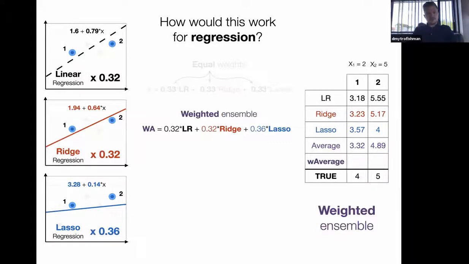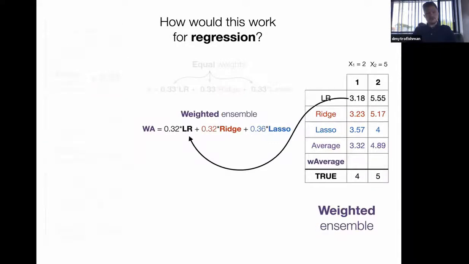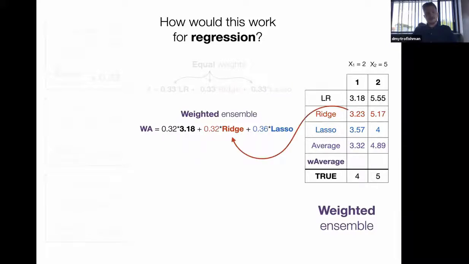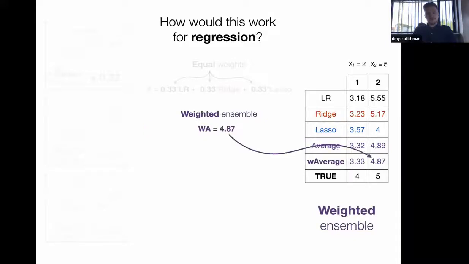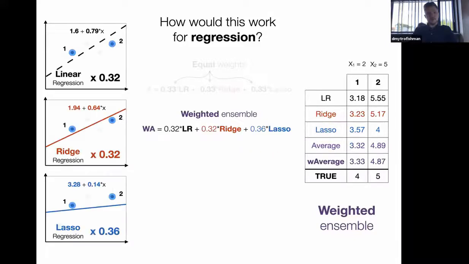And this is called weighted ensemble, right? So you take the value of X, this is the prediction by the linear regression. You multiply it with the coefficient, you multiply the ridge regression prediction with the coefficient, and so on. And then you would get weighted ensemble prediction for both points, right? This is what weighted ensemble for the regression looks like.